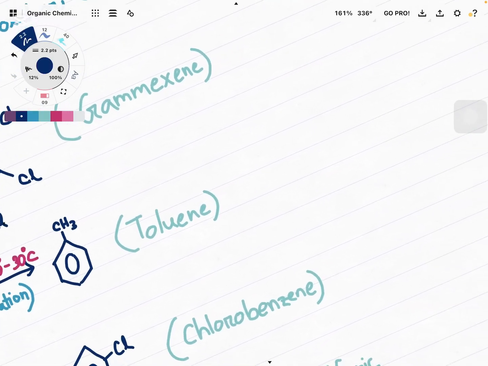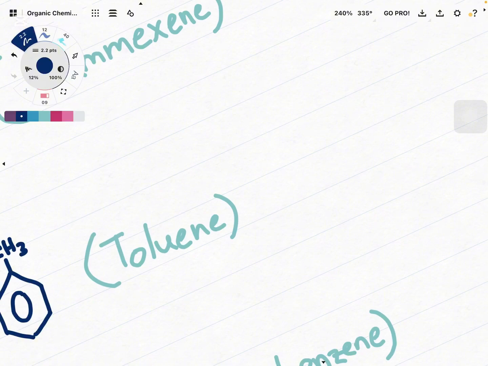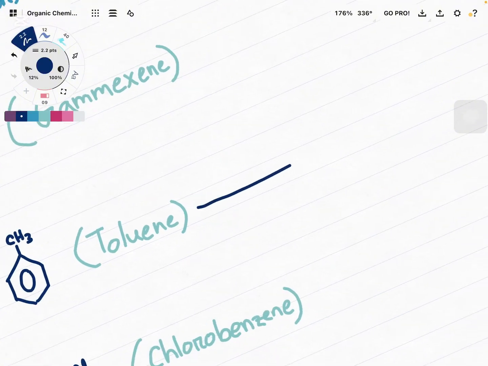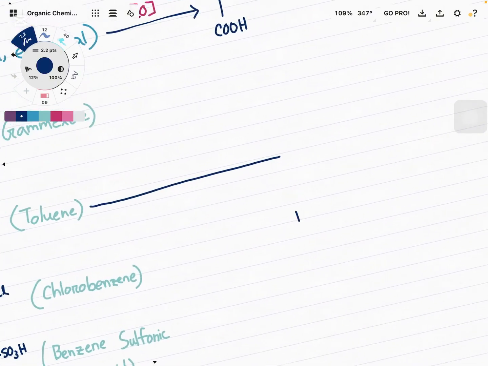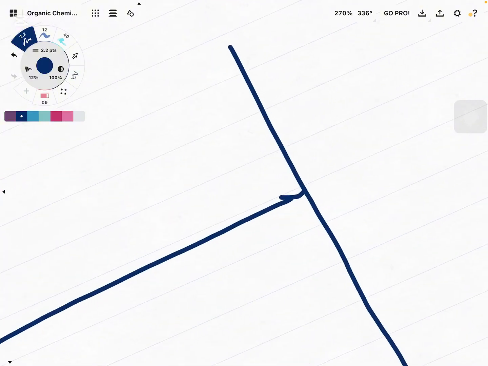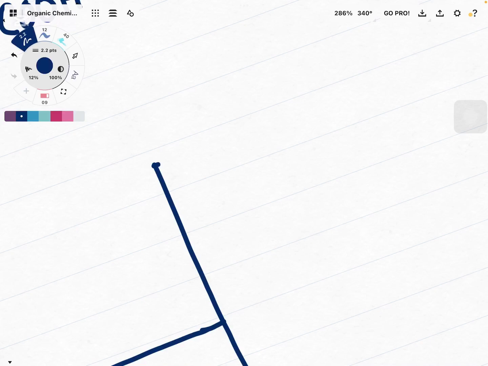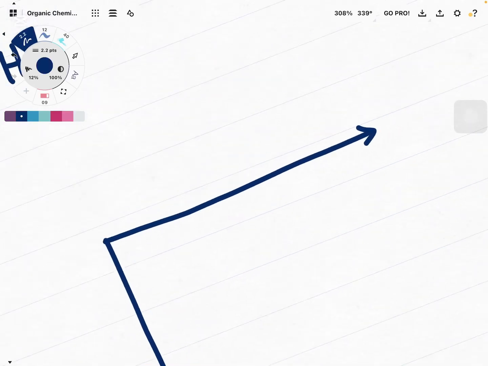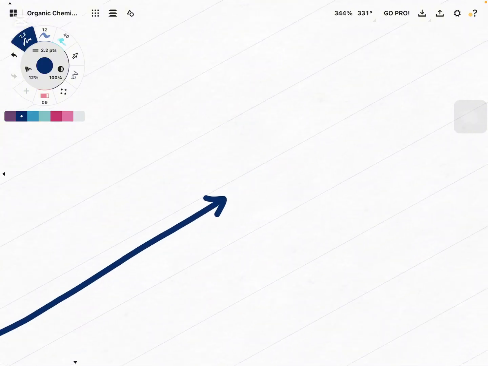So now that we have got toluene, we will get many important reactions from toluene. So let's move. It is the oxidation of toluene. The process will give us benzoic acid. So let's make our benzoic acid.